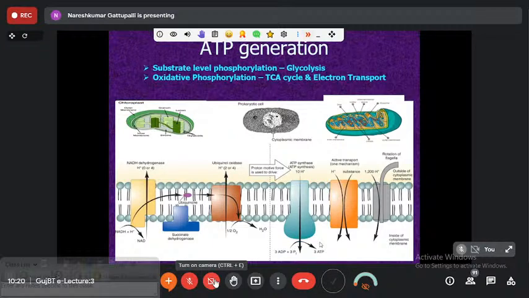So ATP is generated by two different processes. Energetically, one glucose molecule generates a net of two ATPs in the glycolytic process, and in oxidative phosphorylation, 36 ATP molecules. So a very high amount of ATP is generated in the TCA cycle.